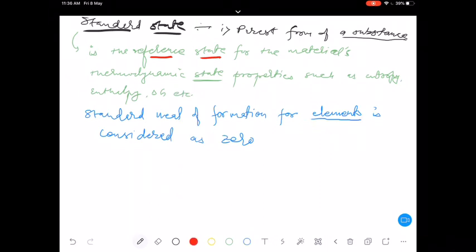Make a huge star mark here. Is that clear?